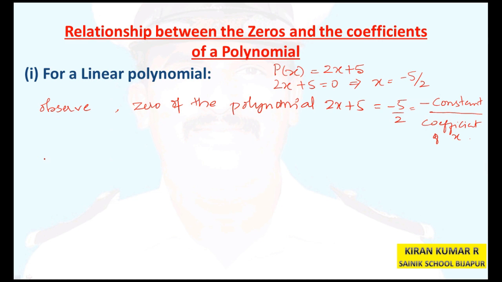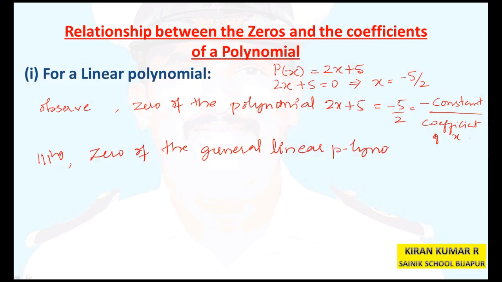In general, I'll write similarly, the zero of the general linear polynomial ax plus b, where a not equal to 0, will be minus b by a.